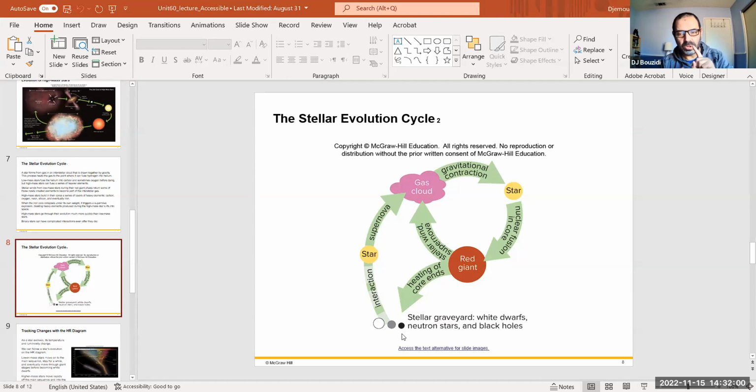Then you can determine that this is a supermassive object, but it's very small, okay, and it cannot be seen. So this is basically how black holes are, at least the ones that result from the collapse of big stars. They are very small.